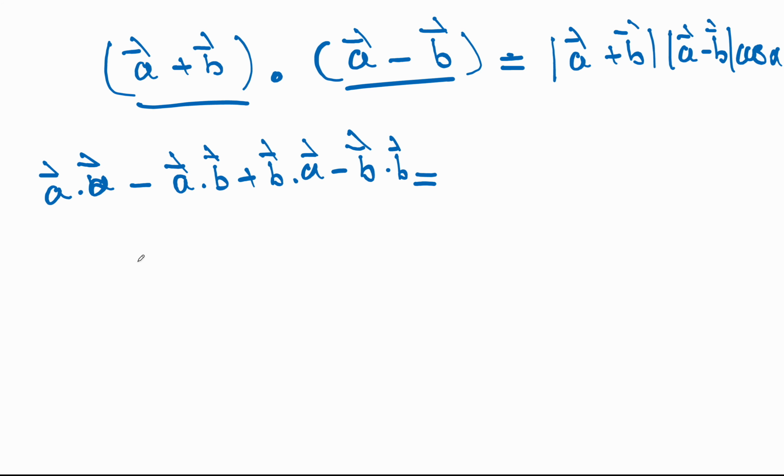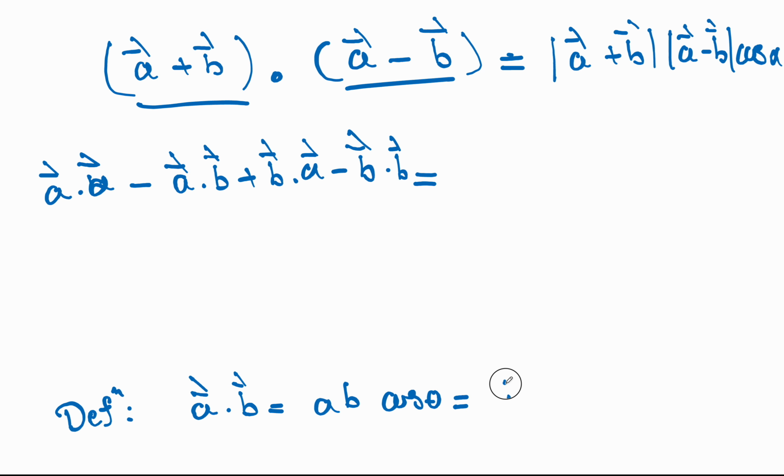If you see the definition of the dot product, A bar dot B bar is nothing but AB cos theta, and even if we interchange it to B bar dot A bar, it doesn't affect the answer. So we can interchange A bar and B bar in the dot product, and it doesn't depend upon the order in which we take the dot product.